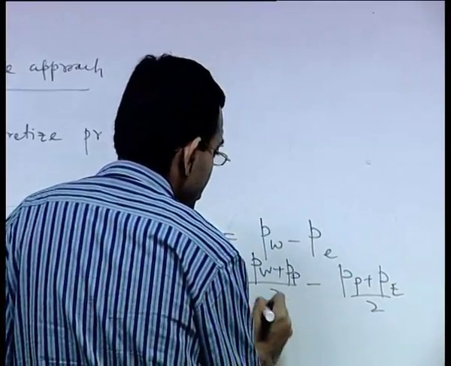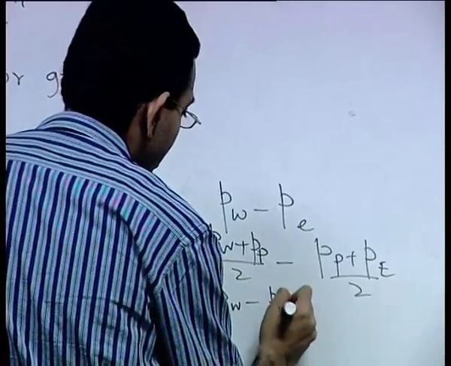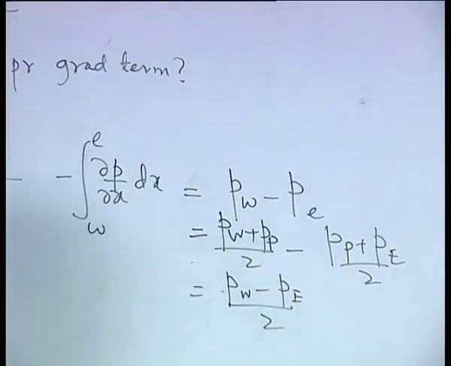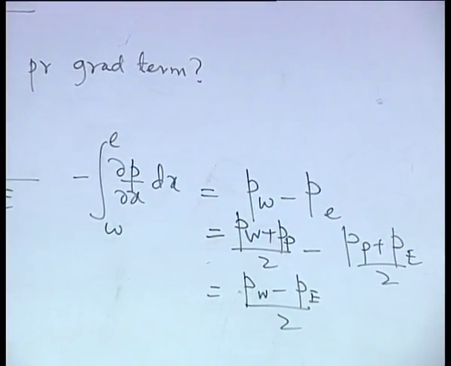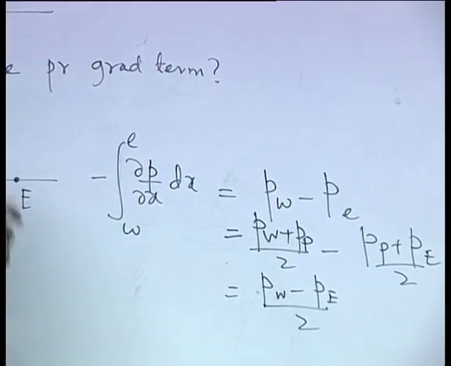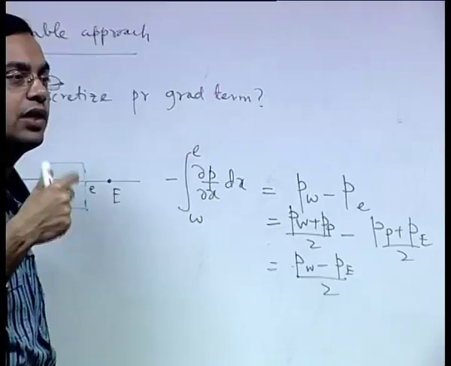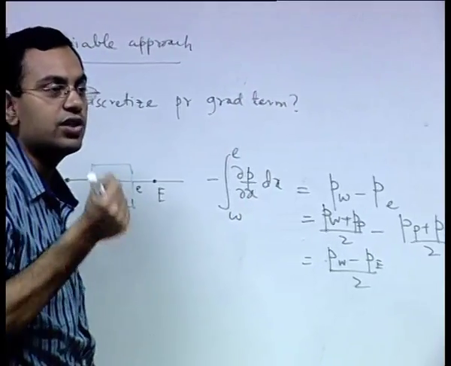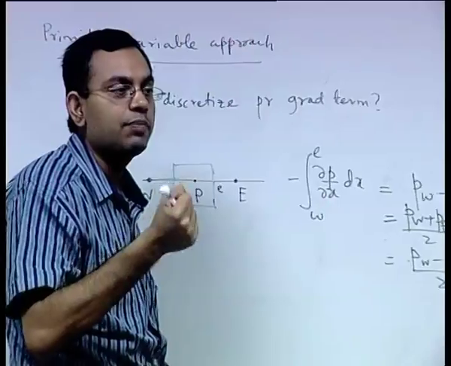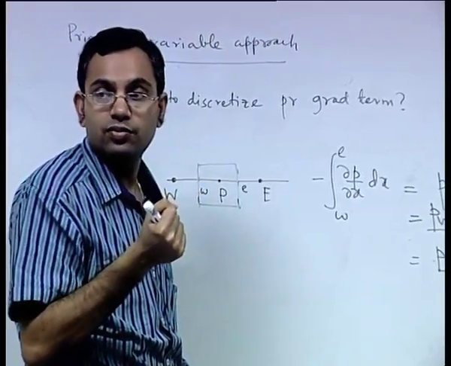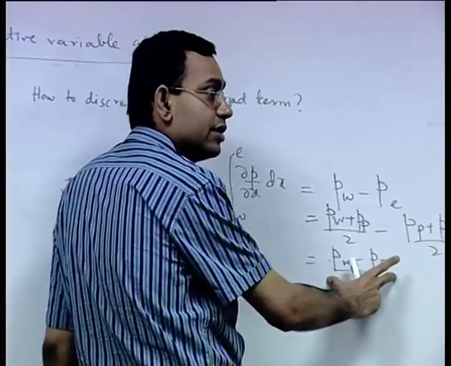So, it is (P_W minus P_E)/2. Remember that the pressure gradient term acts as a body force per unit volume. So, it is a driving force for the fluid flow to take place across a control volume. This is the forcing parameter.